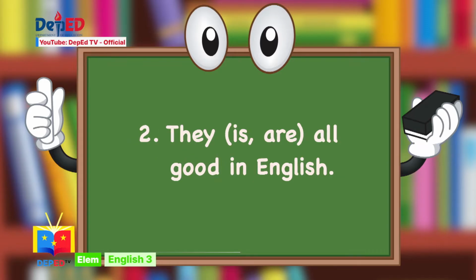Number 2. They, is, are all good in English. Which of the 2 be verbs is appropriate for the sentence? You got it! Are is correct. They are all good in English.